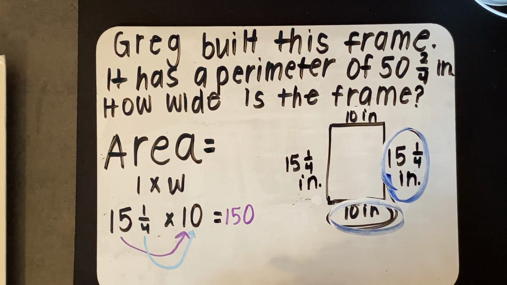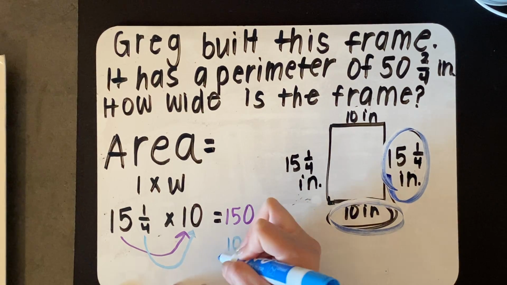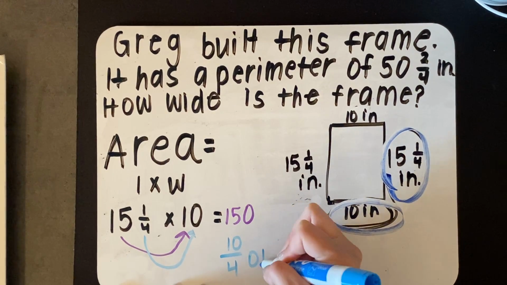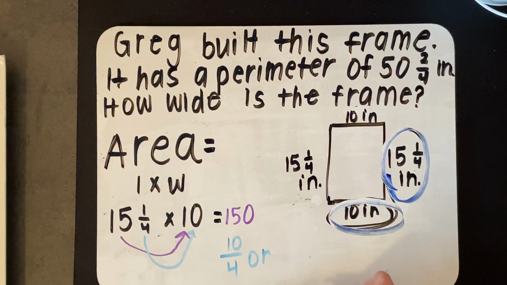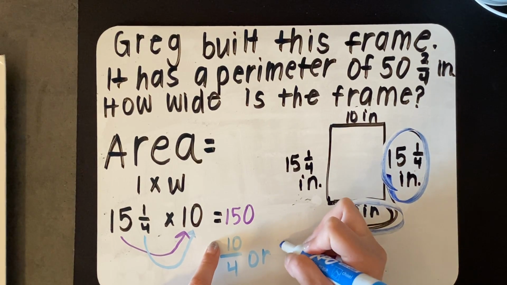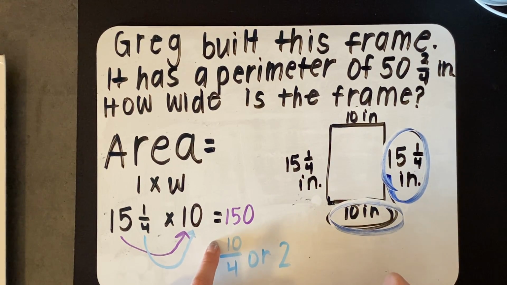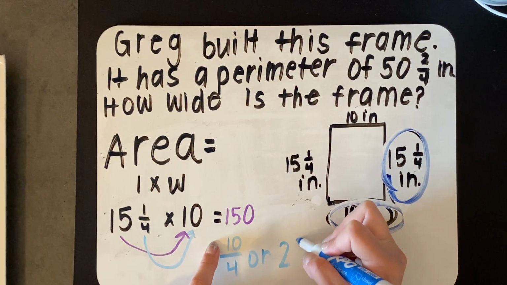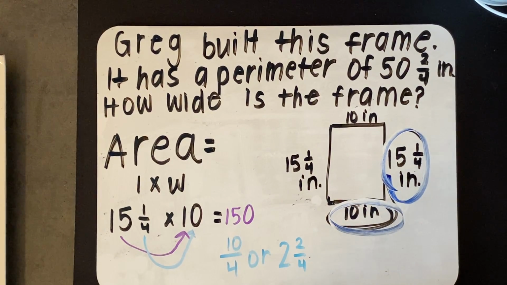So 1/4 times 10 would be 10/4, or what mixed number is equivalent to the improper fraction 10/4? 4 fits into 10 2 times, and that's 8/4, and then we have 2/4 left over.